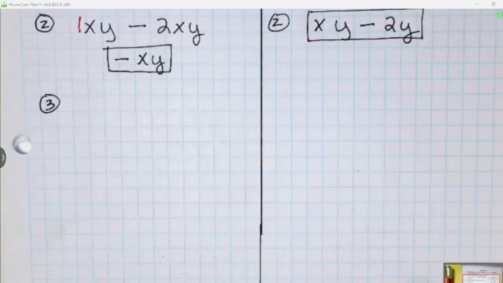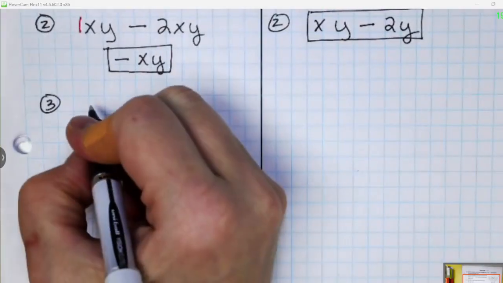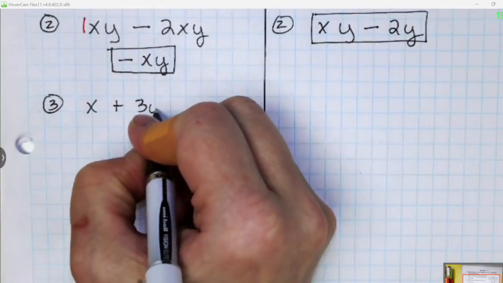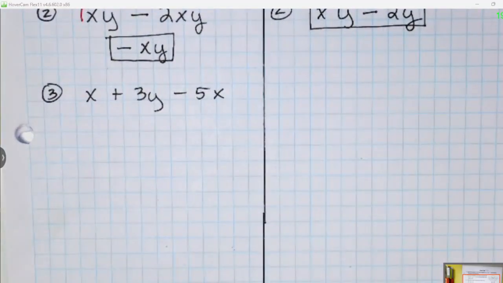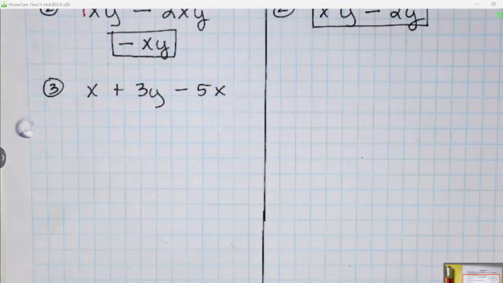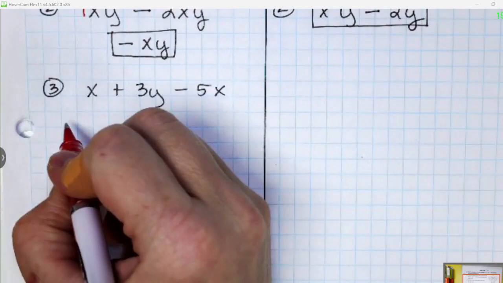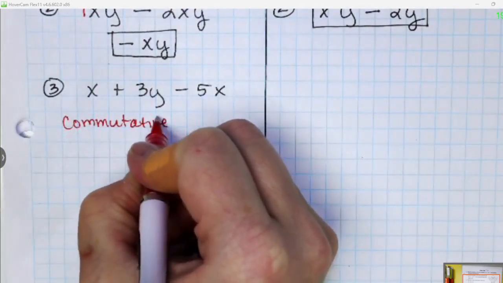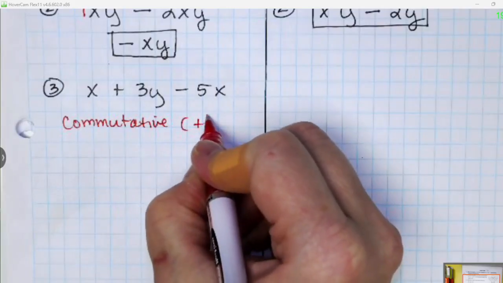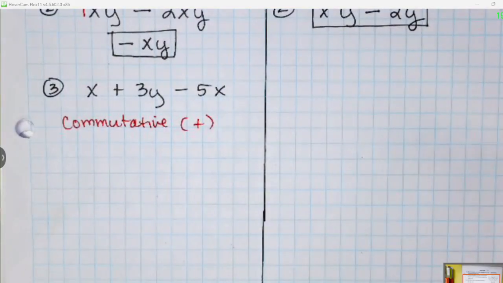Number 3. x plus 3y minus 5x. What if your terms are not next to each other? Can you still add them? The answer is yes, because we have this property called the commutative property of addition, which means you can change the order and put them together.